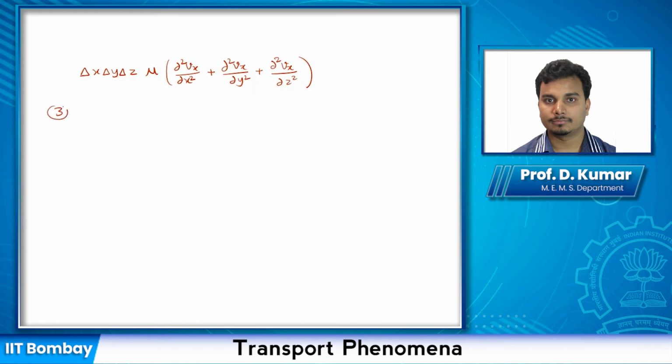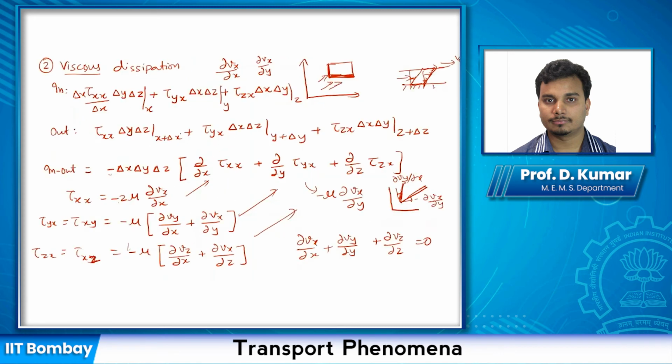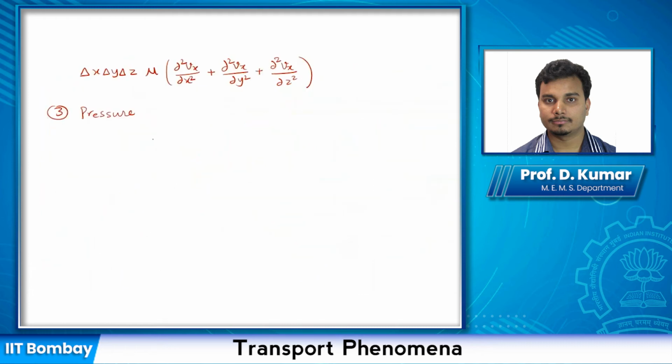Now the third one is the pressure, which is relatively straightforward. Pressure is the same in all directions at a given point, so you can write delta y, delta z as your area, and pressure at x minus pressure at x plus delta x.